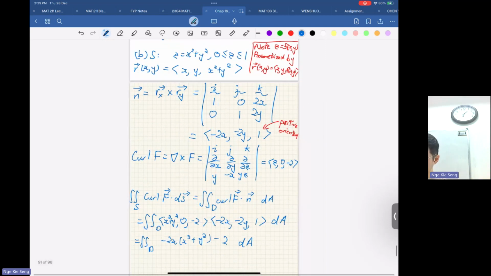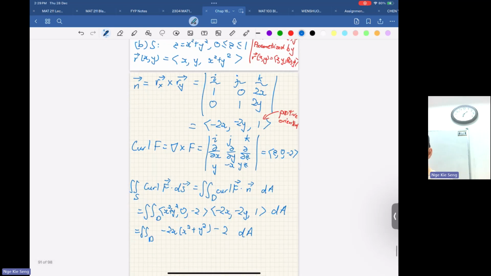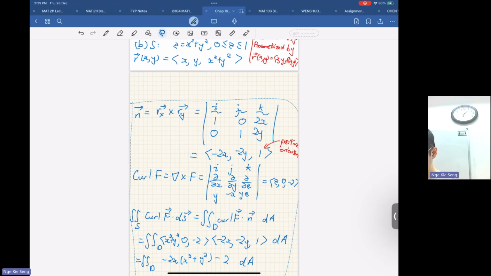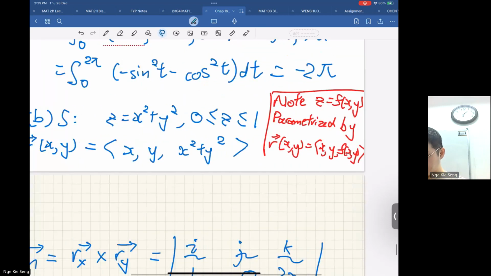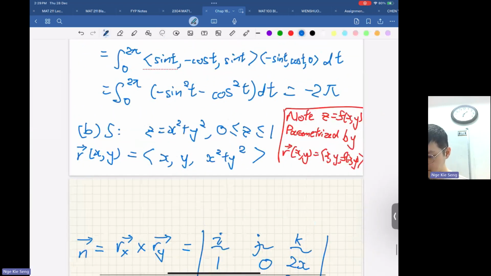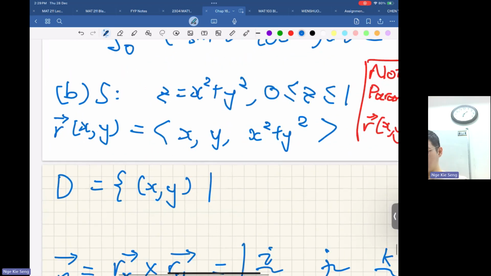But what is D? We haven't decided what our D is yet. What is controlling our x and y actually? How to control x and y? x and y can be written in z, but I can control z.